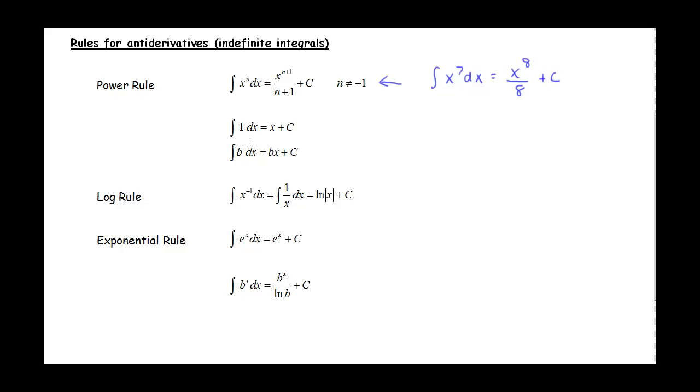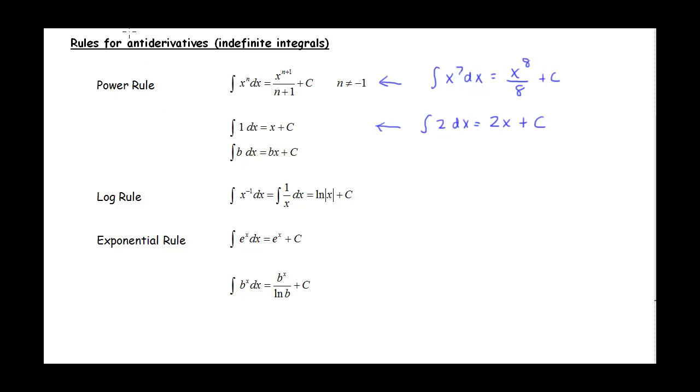Now, if we have just a number inside our integral, so maybe we're trying to find the integral of 2 dx. Remember, what we're trying to do here is figure out what function, when we take its derivative, gives us 2? So that would be 2x plus c. When we take the derivative of 2x, we just get 2.